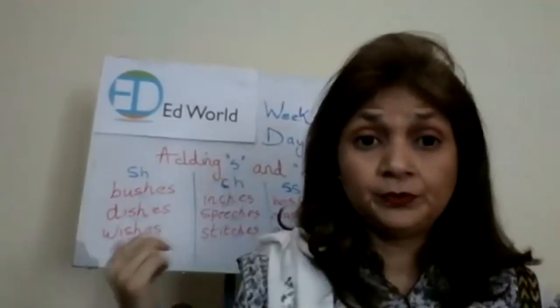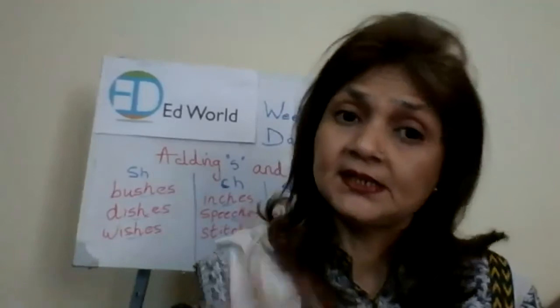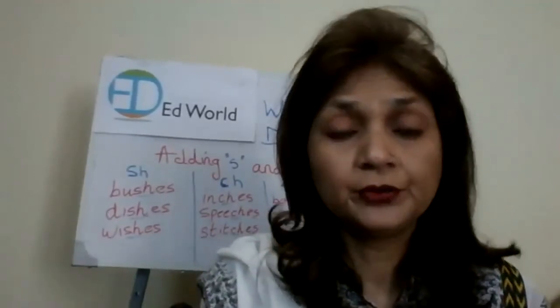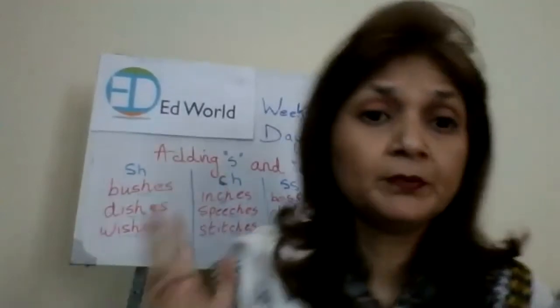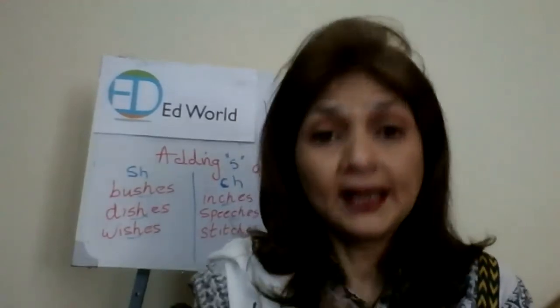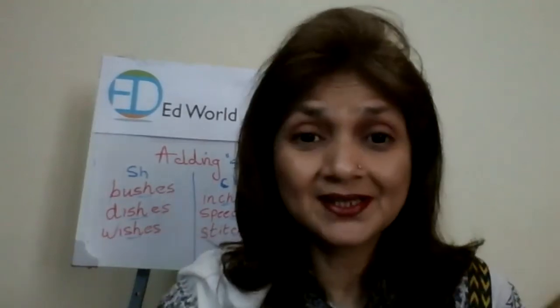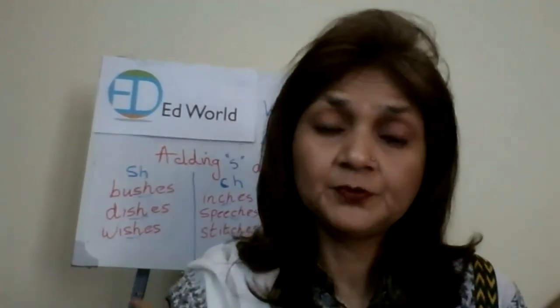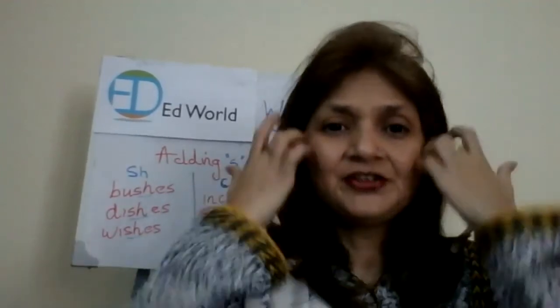Now, in the same way, first of all, you're going to make the same table in your notebooks. Second task is that you are going to select one word from each table, and you are going to make your own sentences in your notebooks. And remember to try to make your sentences interesting by adding some adjectives, some verbs, so that your sentences are not simple, they are a little more interesting.